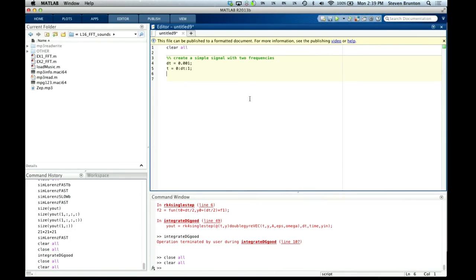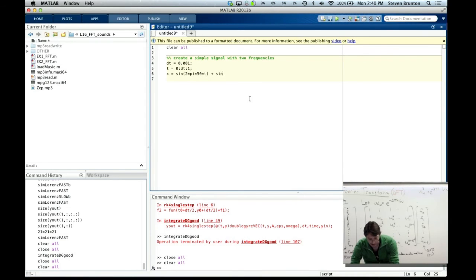Then my data vector x is equal to sine of 2 pi times 50 times t plus sine of 2 pi times 120 times t. So I have omega 1 equals 50 hertz, and omega 2 equals 120 hertz.